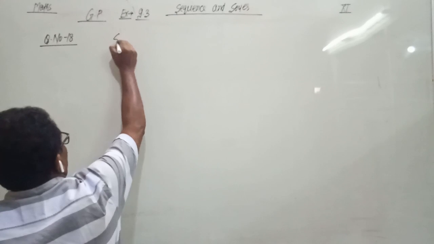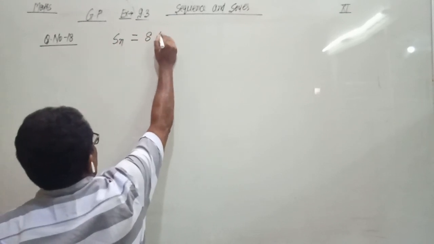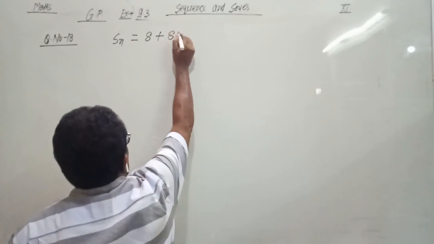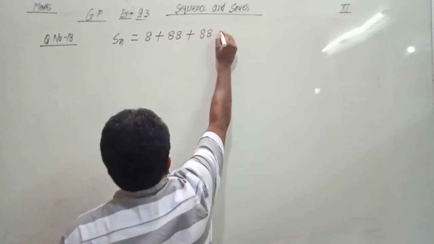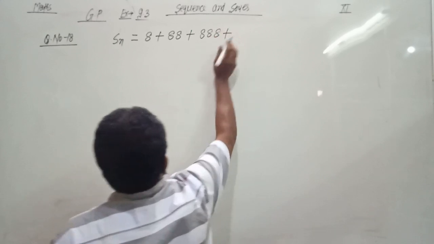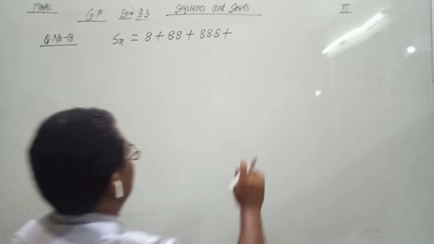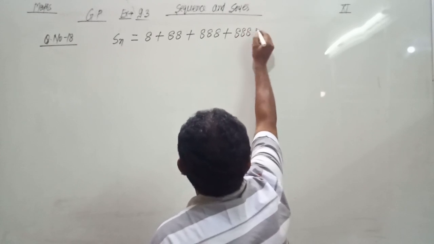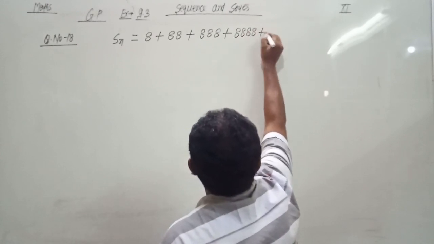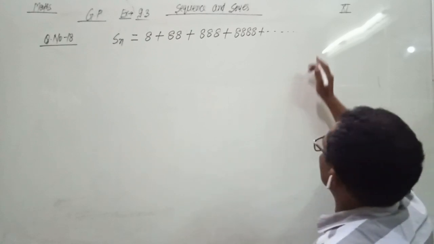Sn equals 8 plus 88 plus 888 plus 8888 plus dash dash up to n terms.